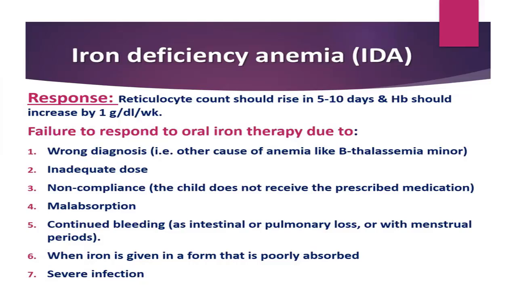If there is failure to respond to oral iron therapy, either the child has a wrong diagnosis, like other causes of anemia such as beta thalassemia minor, which we will mention later, or an inadequate dose of iron, or non-compliance when the child doesn't receive the prescribed medication, or malabsorption or continuous bleeding in case of intestinal or pulmonary loss, or menstrual period in adolescent girls, or when iron is given in a form that is poorly absorbed.